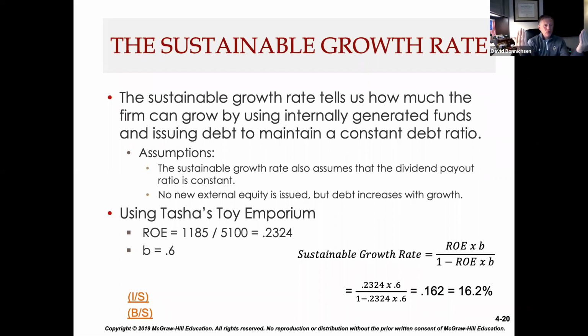So Tasha cannot reasonably expect to sustain a 10% growth simply by using her retained earnings as her only source of financing, because her 10% projection is higher than the internal growth rate. However, by accessing the capital markets and keeping a constant debt ratio, she can continue to reasonably expect to achieve that 10% growth, because that 10% growth is less than the 16.2% sustainable growth rate.